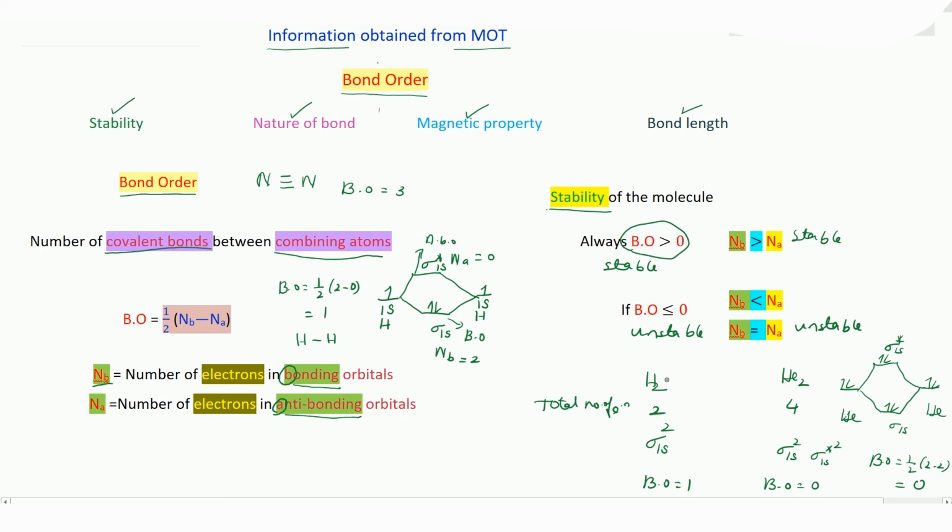So the hydrogen molecule is stable, but the helium molecule is unstable, because we are getting the bond order as 0. So we have Nb equal to Na. So it is unstable. Always remember, such a molecule cannot exist. If bond order is equal to 0 or less than 0, then that molecule cannot exist. So this is about the stability of the molecule.